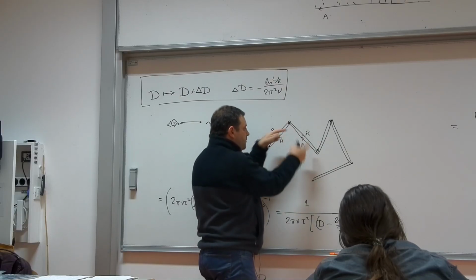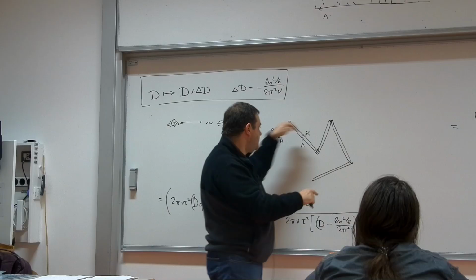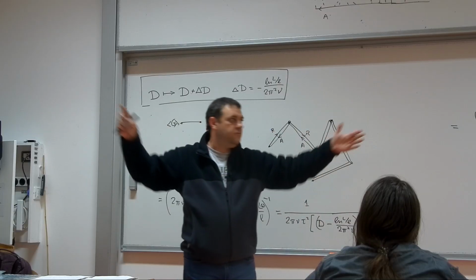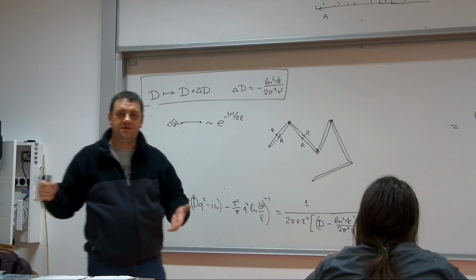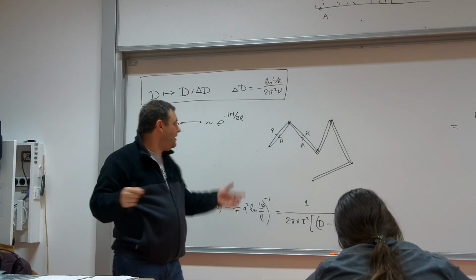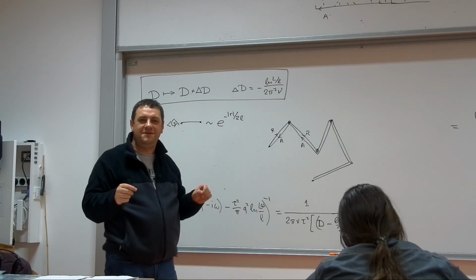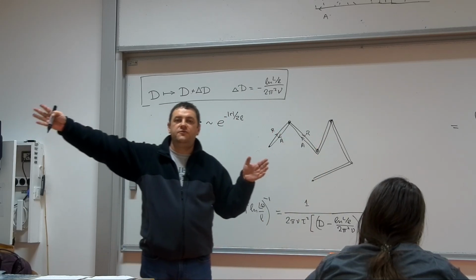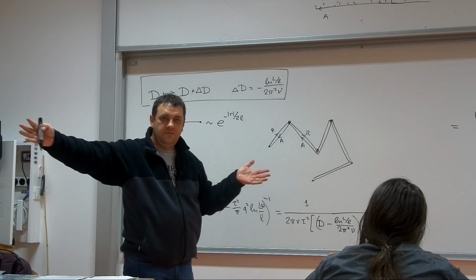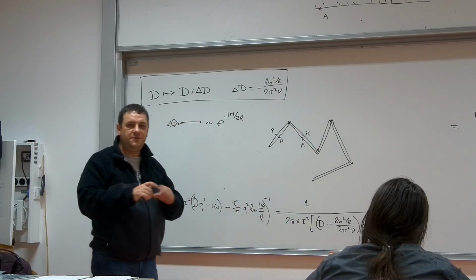But by adding these steps, I can make my particle go as far as I like, from this end to that end, because diffusion does not stop after going to the mean free path scale. That's why I need a ladder to make my diffusion propagate to long distances.